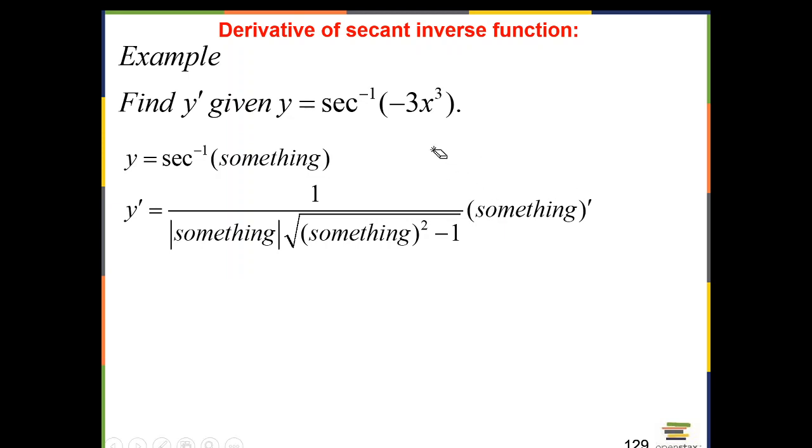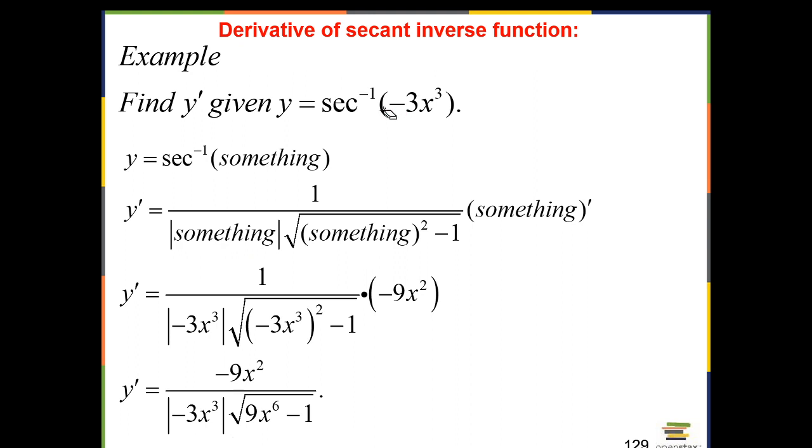If you think of it that way, it's really easy. Now you're done. The calculus is done here. The rest of this is simplifying. You can simplify it, but that's what you get.